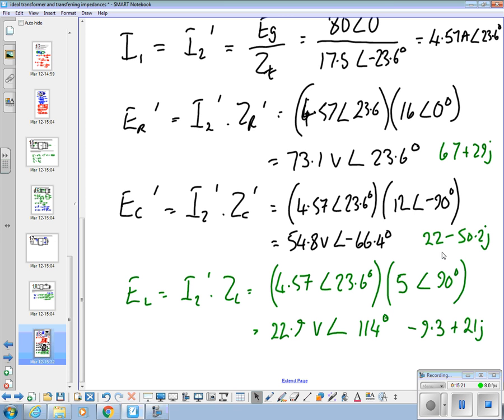Okay. Now the values we're interested in are that one and that one and the current, because we want to know what they are on the other side, don't we?